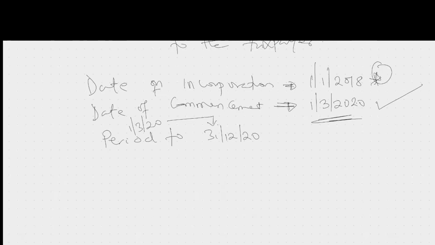The other one was acquired January 17, 2021. The other one, December 1, 2021. The other one, January 3rd, 2021. Now, the company sold some of its assets on 31st December 2024 as follows.